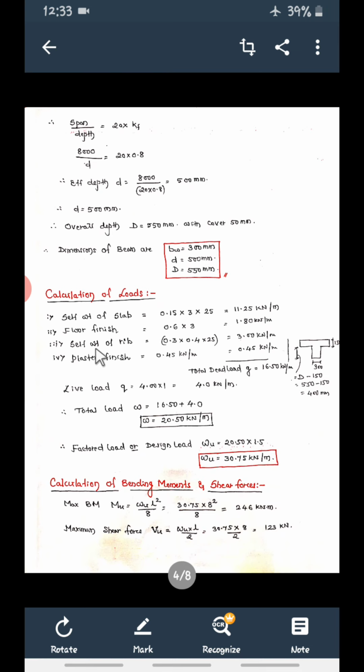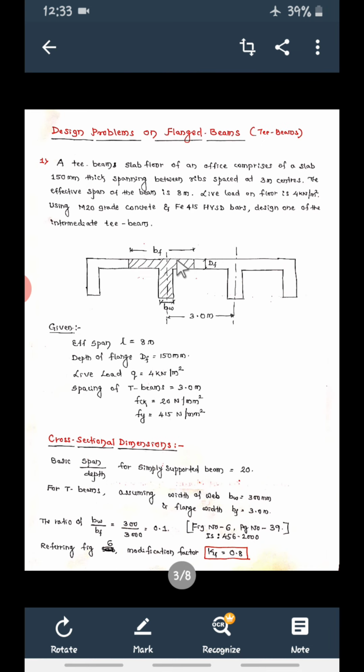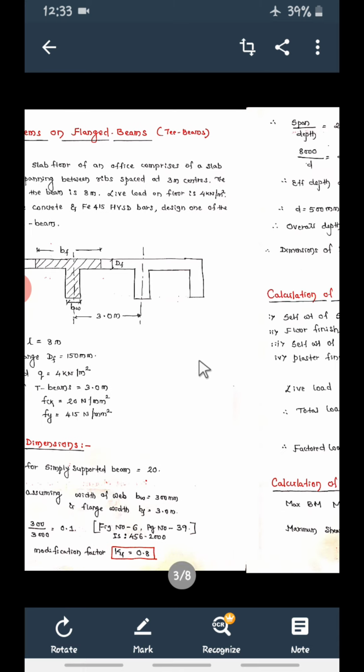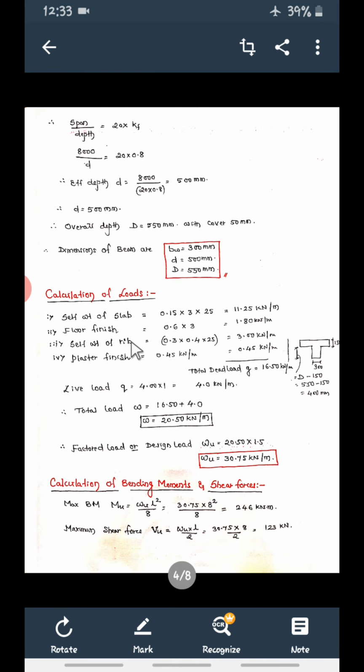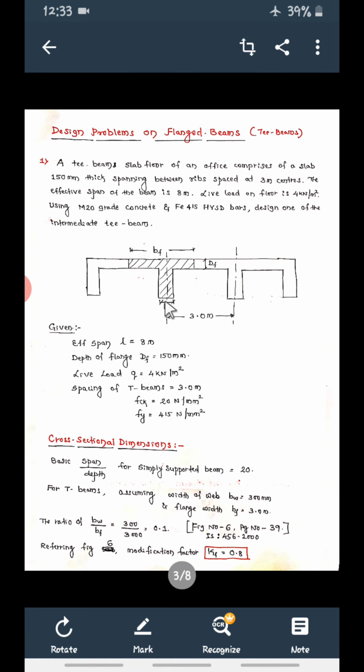Then self weight of rib. We have considered this slab and floor finish. Next is this beam or web. So self weight of the rib. What is the dimension of the rib now? This is BW. What is the depth of beam now?